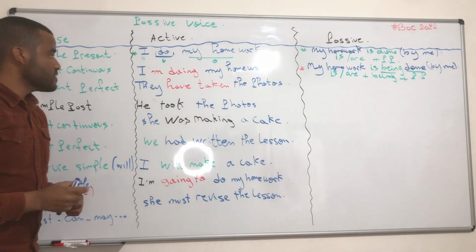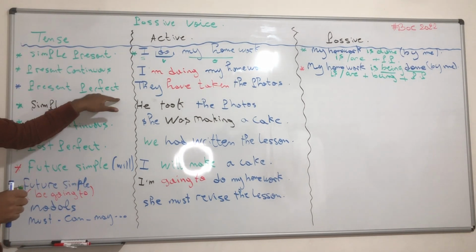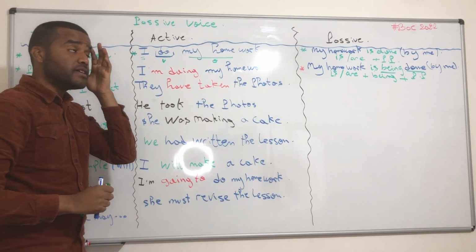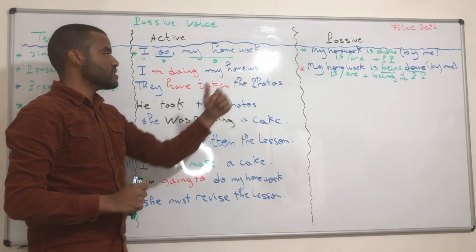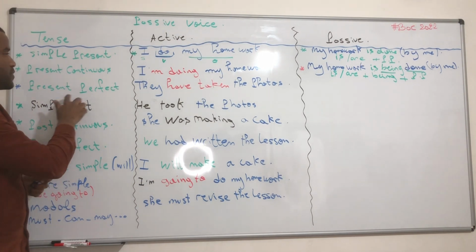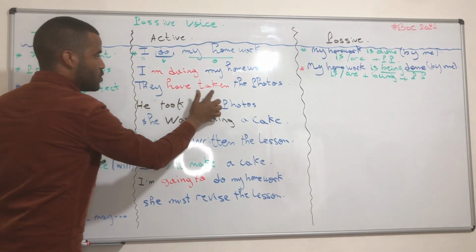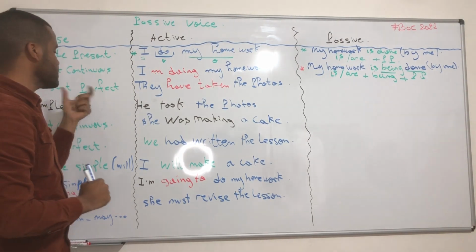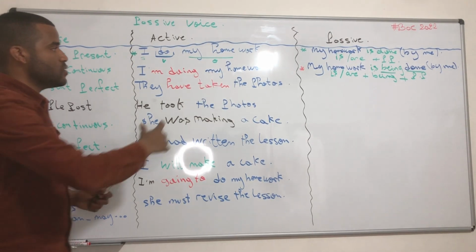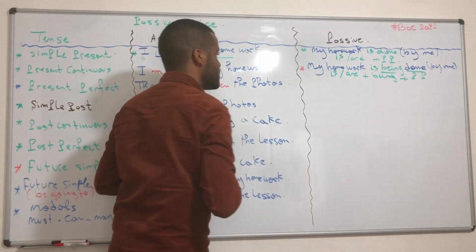Good. So we move to the present perfect. We have an example here: they have taken the photos. This is the present perfect. We have have or has plus the past participle of the verb. This is the rule of present perfect. So what do you think we are going to do in the passive?